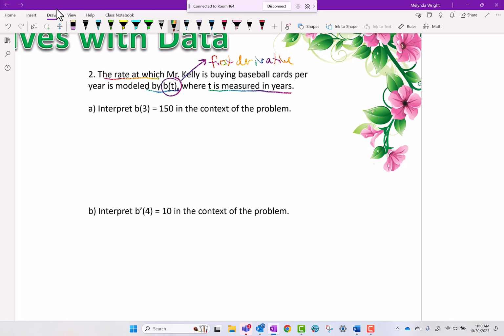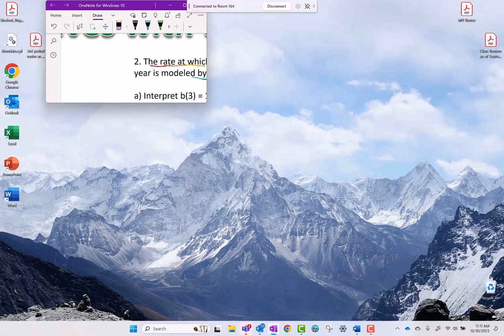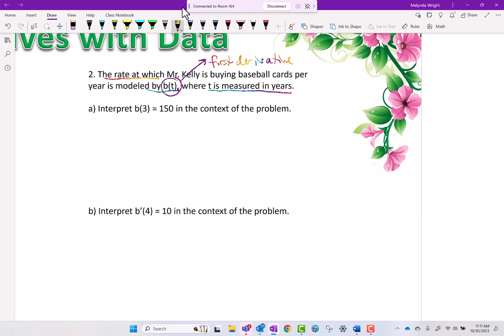Now when we interpret this, I hope you can see how vastly different the interpretation would be depending on which type of equation you're trying to interpret. So here, this is actually not a position, but a rate.